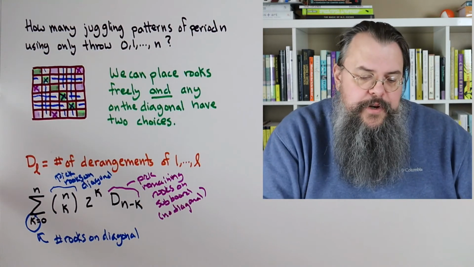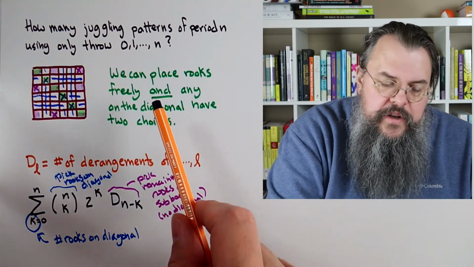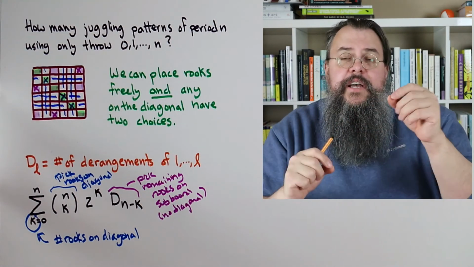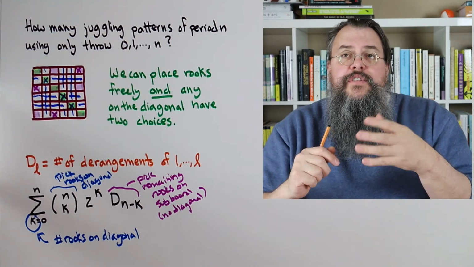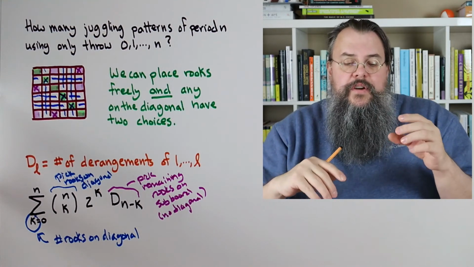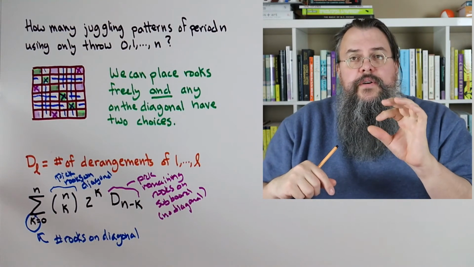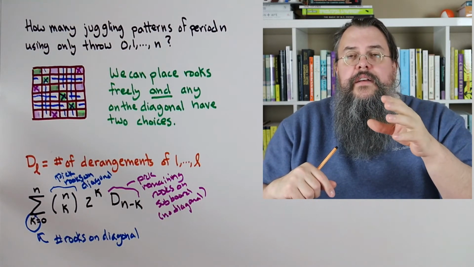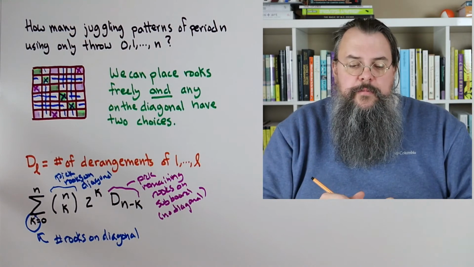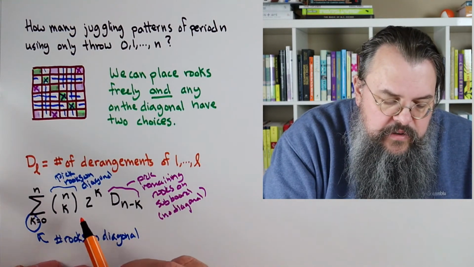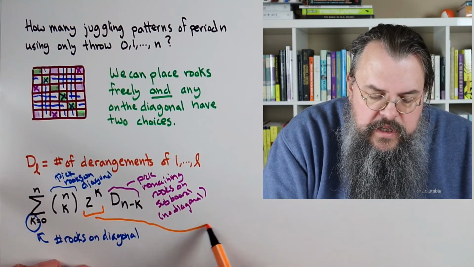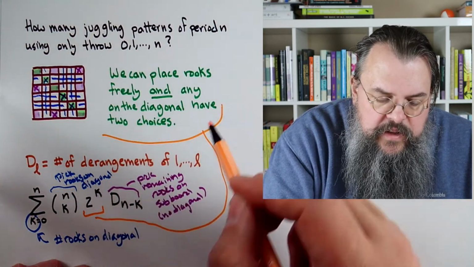Well, that comes from what we say up here. Namely, that anything on the diagonal, we have two options. So once we have these rook placements, however many things are on the diagonal, for each one of those we have 2 to the number of that, different juggling patterns. So this 2 to the k is really just capturing this idea up here.